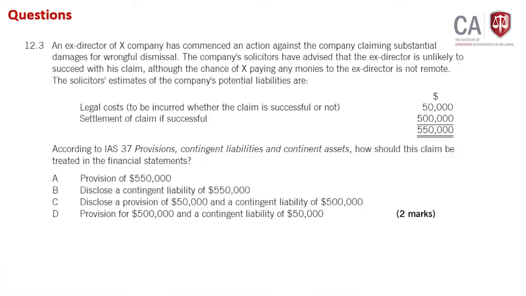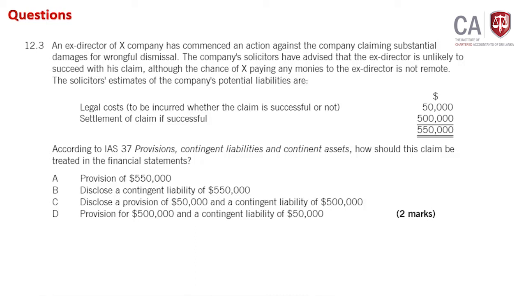But the second one, settlement of claim if successful. If successful, you have to make what? 500,000 payment. But the chance of succeeding in this case is very low. Lawyers are telling that the X director is unlikely to succeed with this claim. The X director will not win this case, unlikely, right? There is no probable cash outflow.